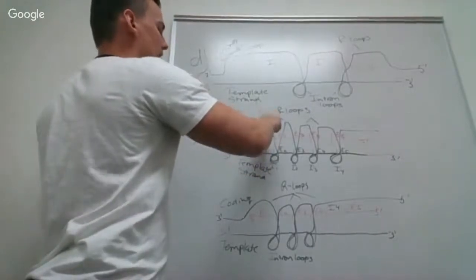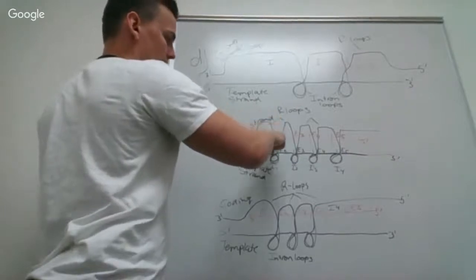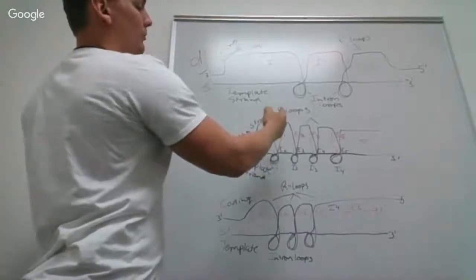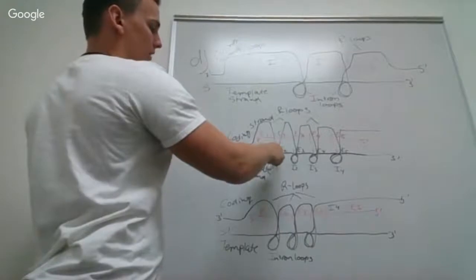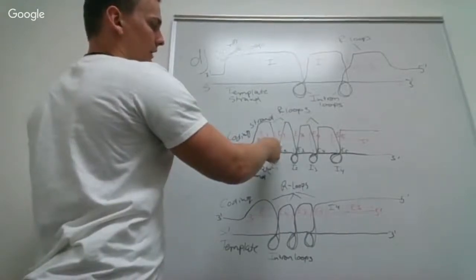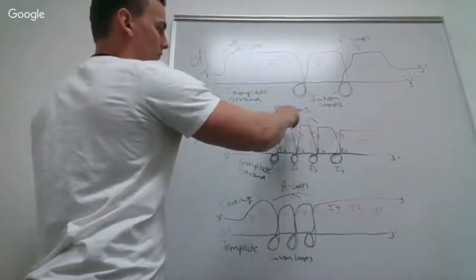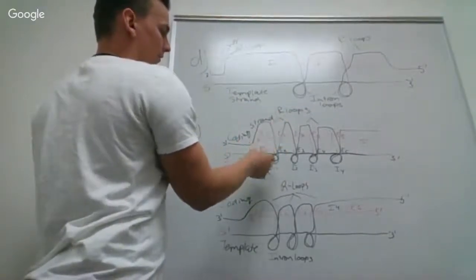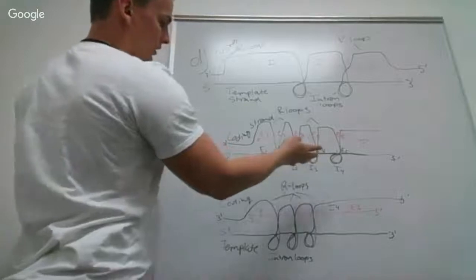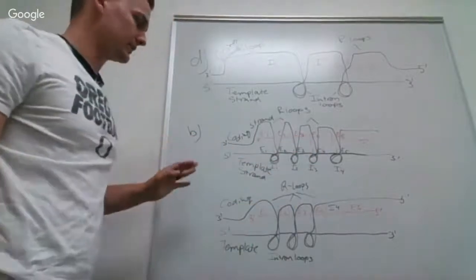But right when it gets to the intron, the coding strand is going to form a double helix with the template strand until we get back to the exon again. And so we're going to have a couple of R loops from the coding strand and 4 intron loops because all 4 introns have been excised.